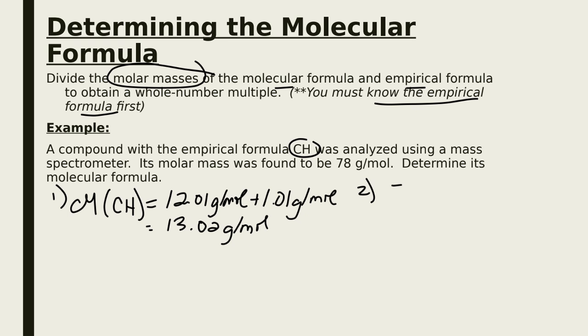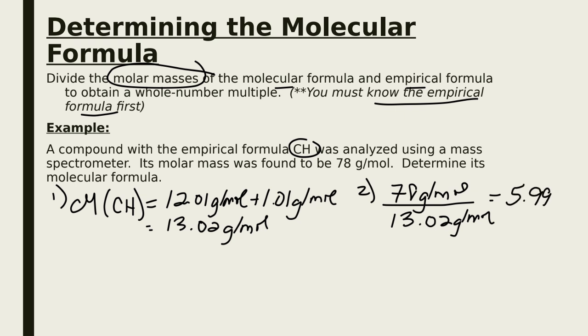And then what I do in the second step is I figure out a factor here. I take the molar mass of the actual compound and divide it by the empirical formula's molar mass. Then I come up with a factor that I'm going to apply to the empirical formula to come up with the actual chemical formula. So this becomes 5.99, and we're going to round that to 6.